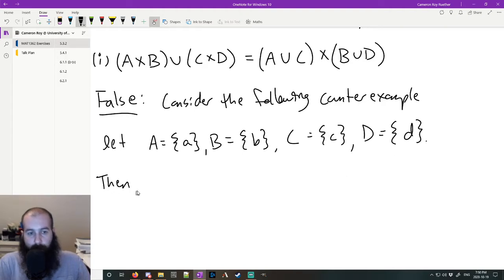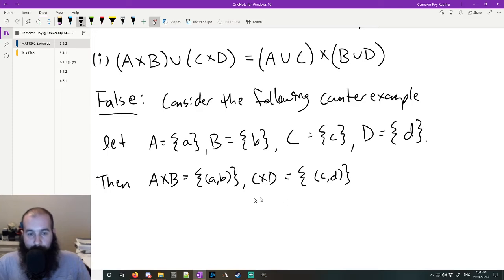So then we can compute A cross B is the set of pairs where the first element is from A and the second is from B. This means it has to be the pair small a, small b. And C cross D is the pair small c, small d, each only having one element. And this means that their union has two elements, these two pairs.